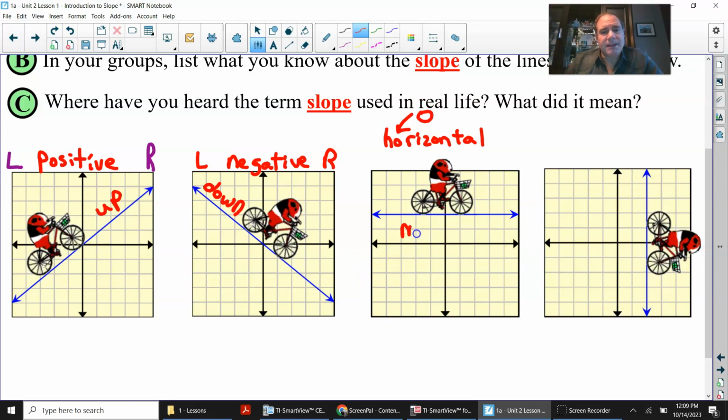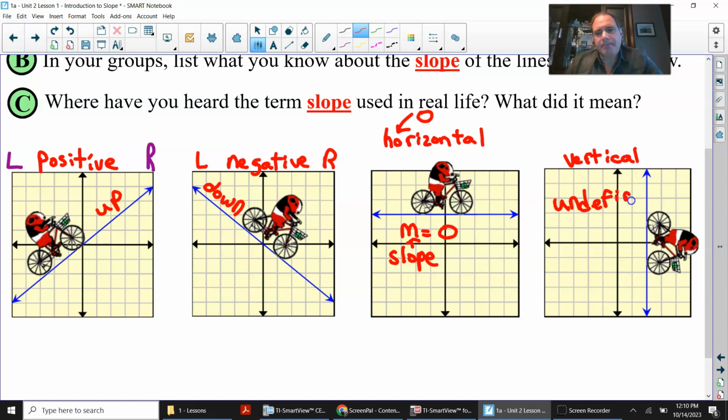The slope is 0. M is the variable that we use for slope, and a horizontal line, when you see it, has a 0 slope. This is a vertical line. A vertical line has an undefined slope.